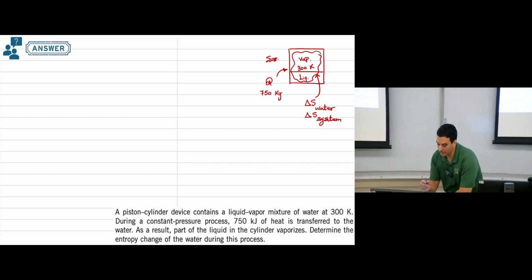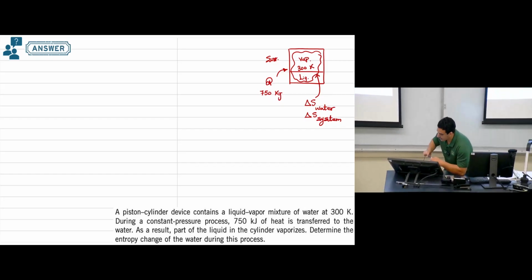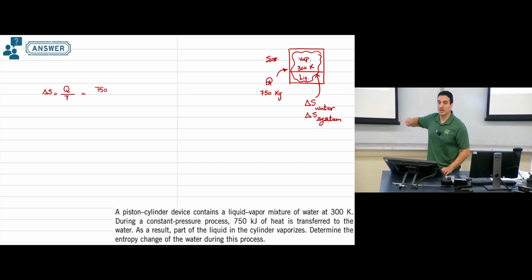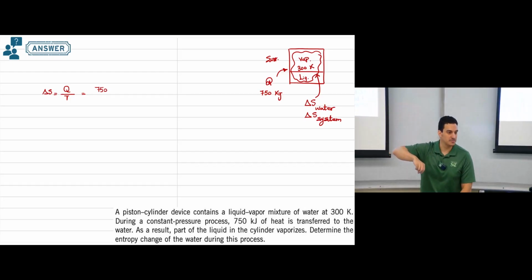So the simple thing, if you need to find the entropy change for this water system, we have delta S is Q over T. The amount of Q is 750. Is this amount of Q added to the system or removed from the system? Added, so it's positive or negative? Positive, we'll leave it positive.